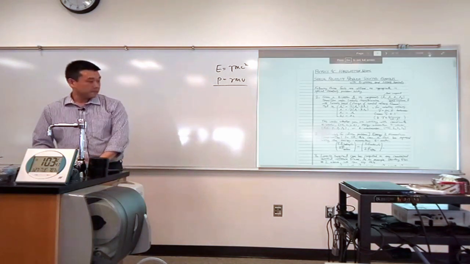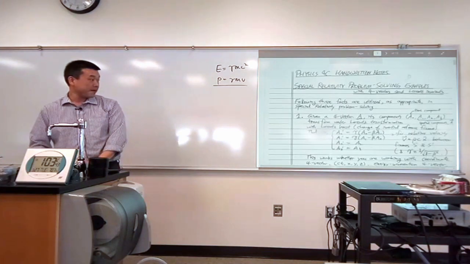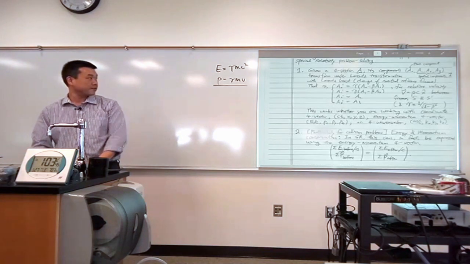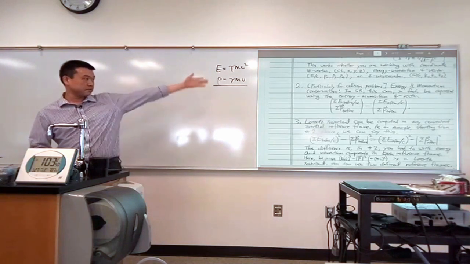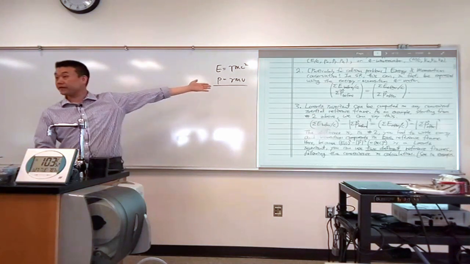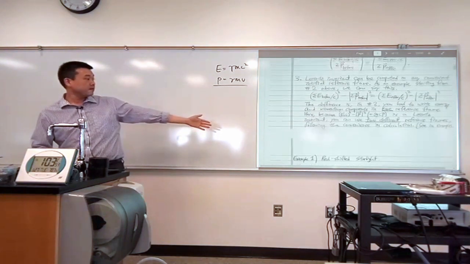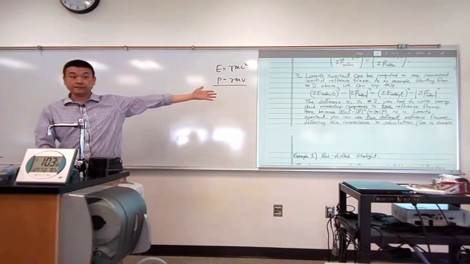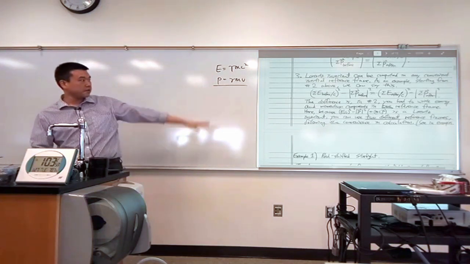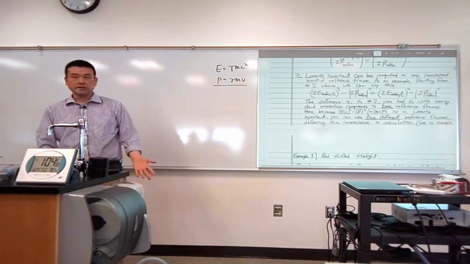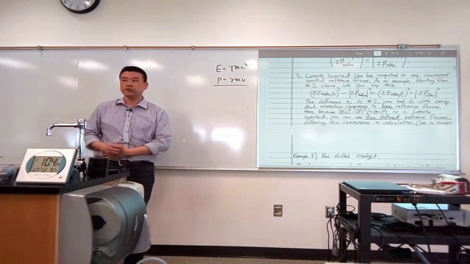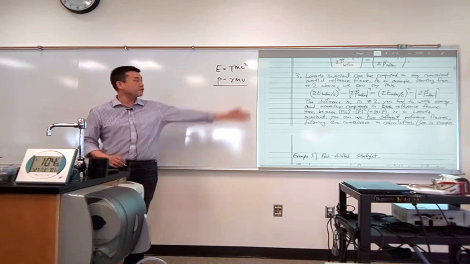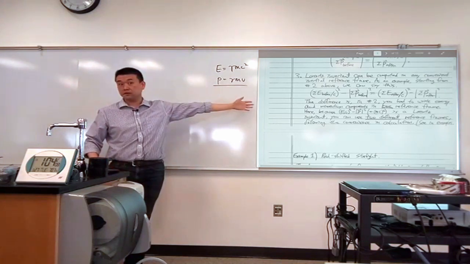Some of the things we have definitely mentioned in class: 4-vectors, that energy and momentum form a 4-vector, and that there's a Lorentz invariant. All of this was mentioned in class, but what we didn't have a lot of time going over, and you really need written material to refer to, is how these apply in the context of problem solving.